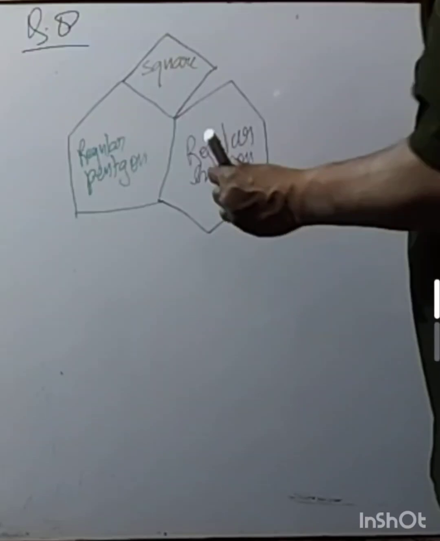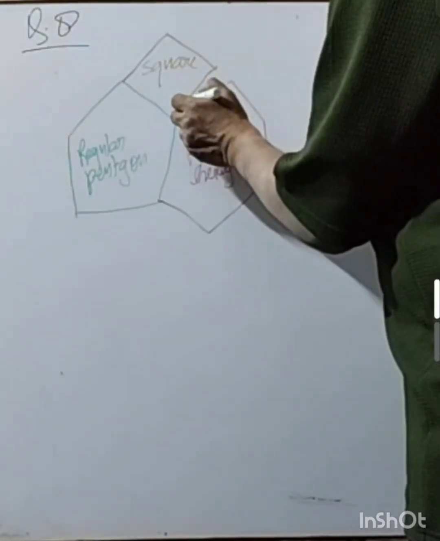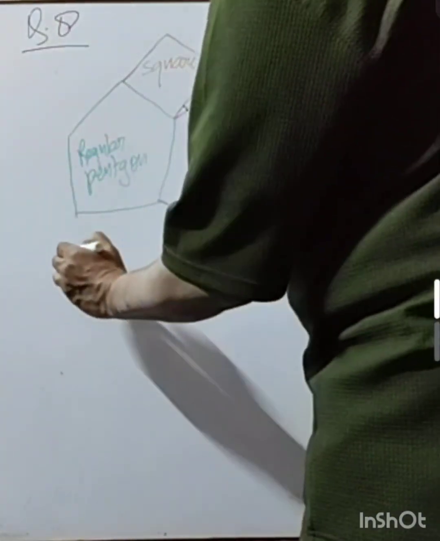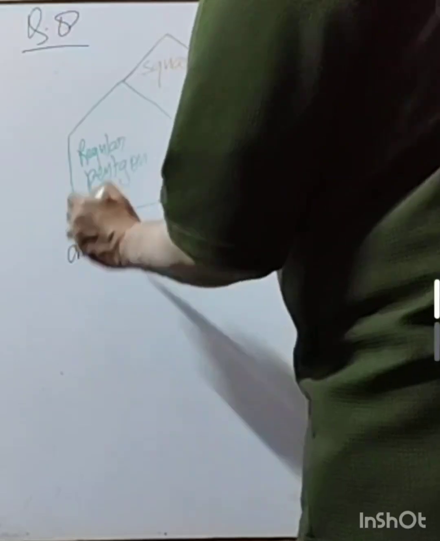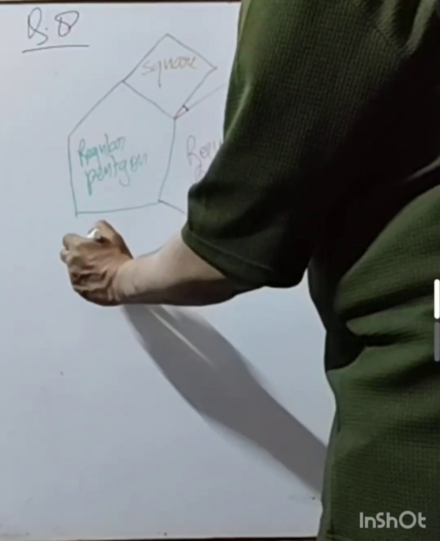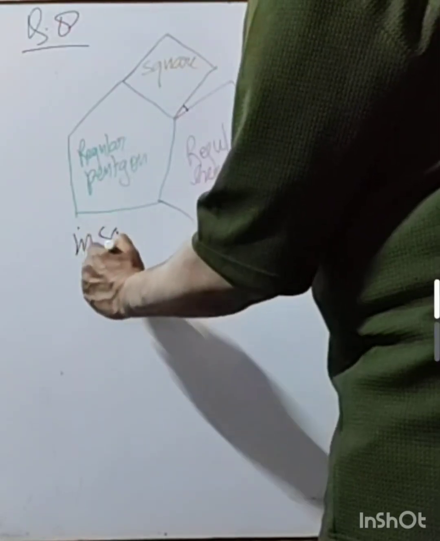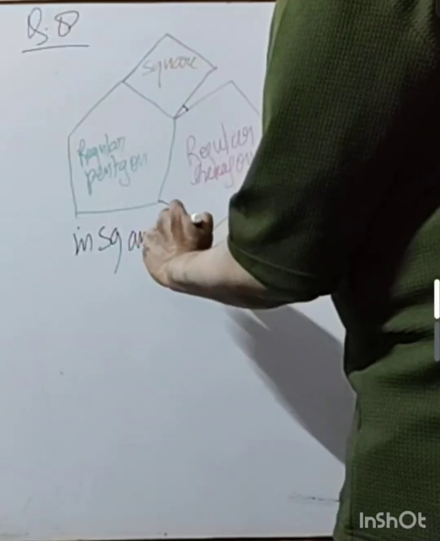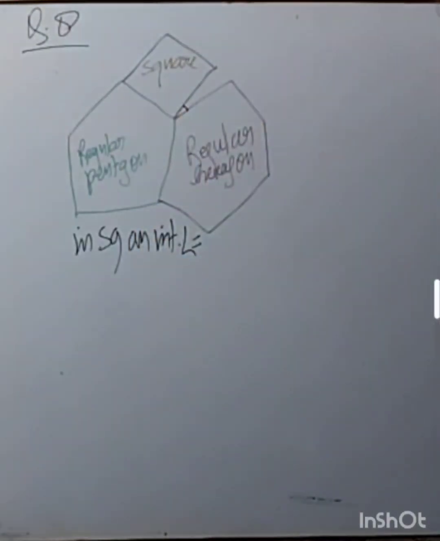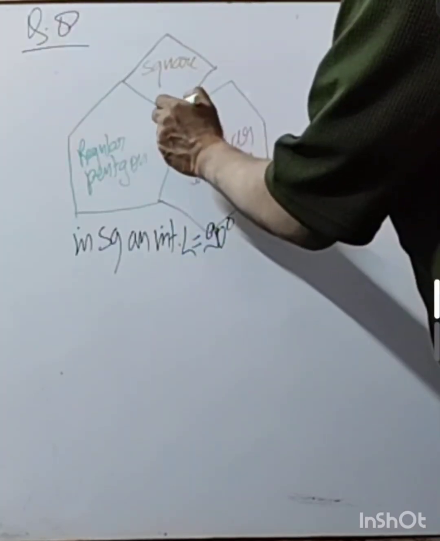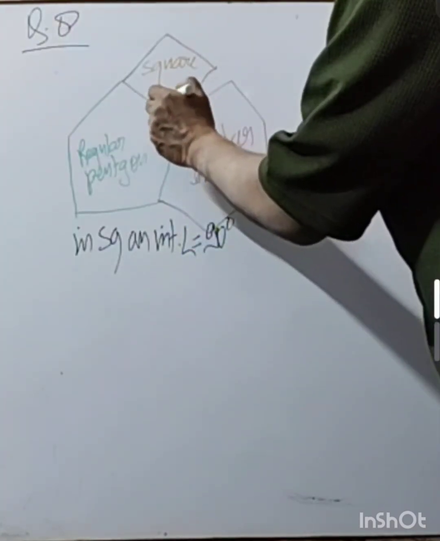So what will be the angle between these two? In a square, an interior angle is equal to 90 degree. This angle will be 90 degree.